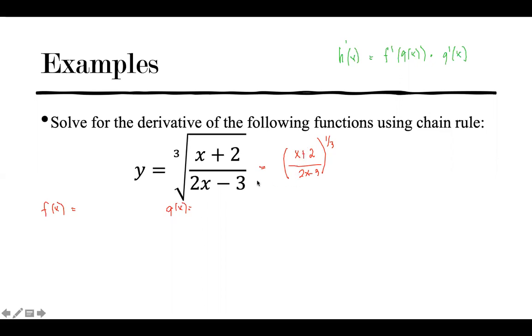So that's why instead of writing the cube root thing, we can just write it as 1/3. So I think you'll agree with me that our g of x, which was being substituted to the x of our function f, is x plus 2 over 2x minus 3.